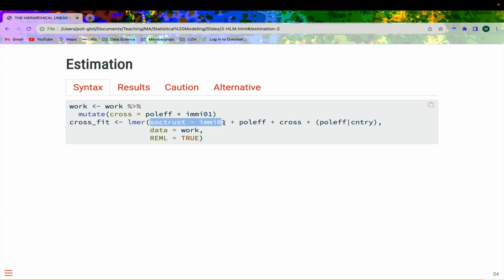In this portion of the model, I now have not just political efficacy, but also immigration and also this cross-level interaction I just created. And I still have the possibility that the intercepts and the slopes for political efficacy vary across countries. So let's estimate that.